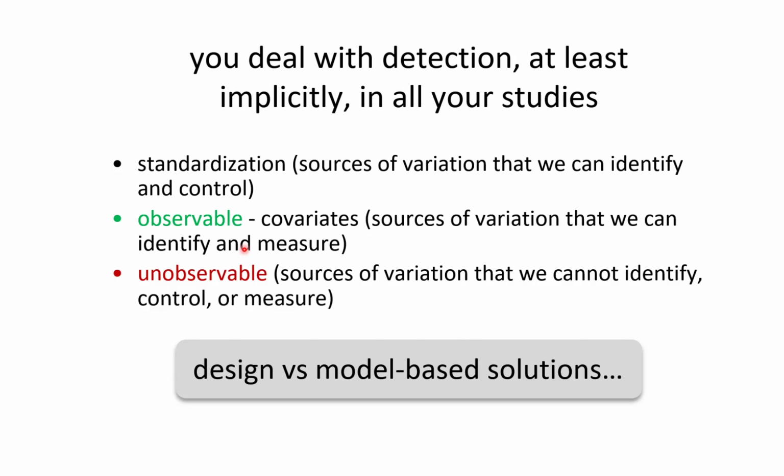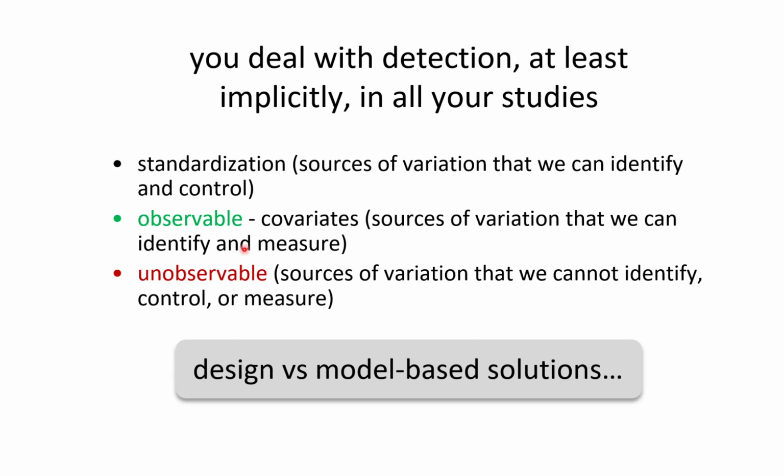Okay, so the other approach is just to say, well, forget it. We're going to treat all sources of variation as unobservable. We can't identify it, we can't control for it by sampling, and we can't measure it. And so what we're going to do is instead we're going to pretend that the individuals are being sampled from some underlying probability distribution, and then we're going to use that probability distribution to deal with the heterogeneity.